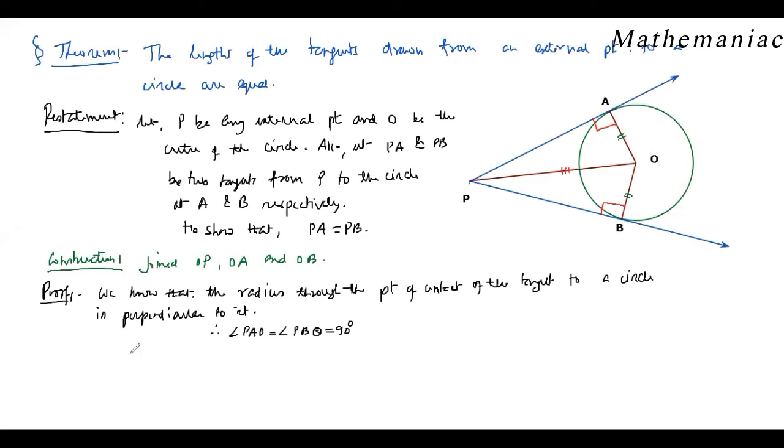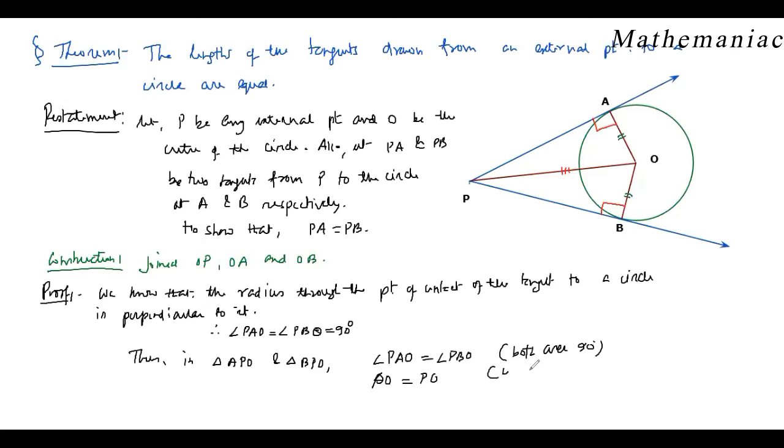Thus, in triangle APO and triangle BPO, you got the right angle equal, that is PAO is equal to PBO. Both are 90 degrees. Then you can talk about the hypotenuse, that is PO equal to PO.